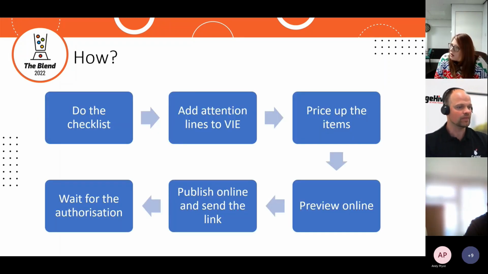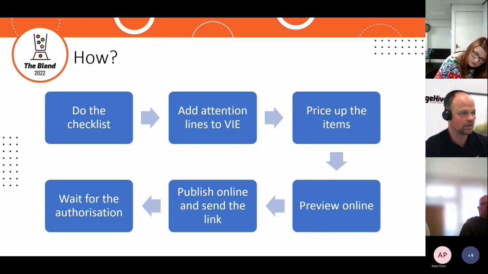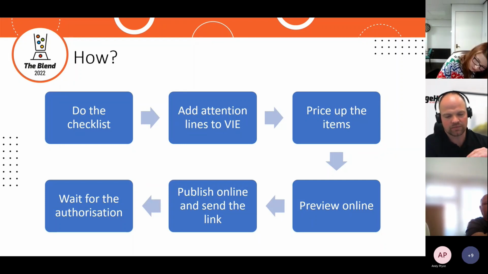If all the setup is done, there are just 6 steps to send the online job authorization. Do the checklist, add checklist lines to VIE, then price up the items that are not already fixed price. Then you can preview yourself how it would look for the customer.